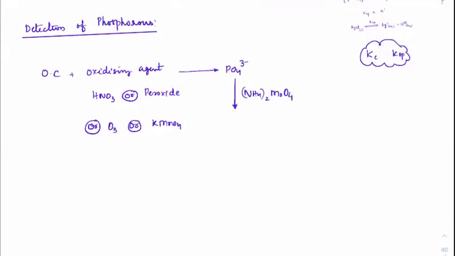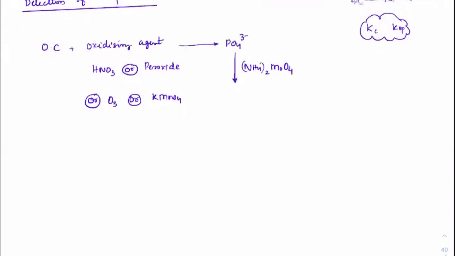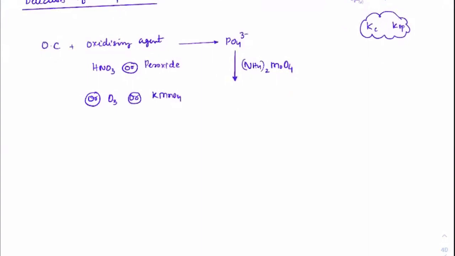ammonium molybdate, (NH4)2MoO4. With ammonium molybdate, we will get (NH4)3PO4·12MoO3. This is a complex that has been formed.